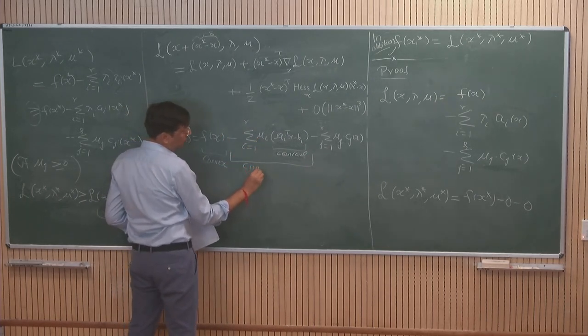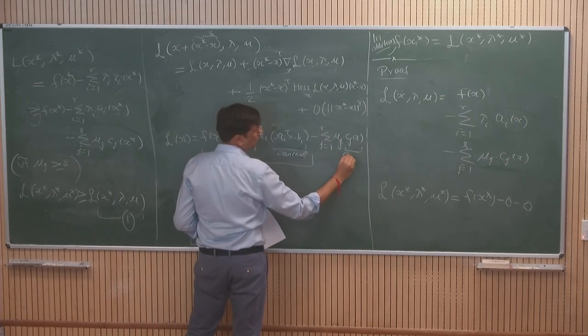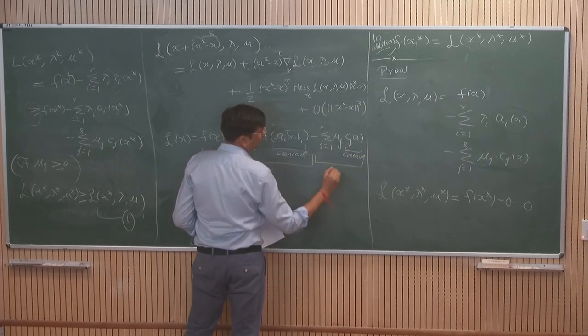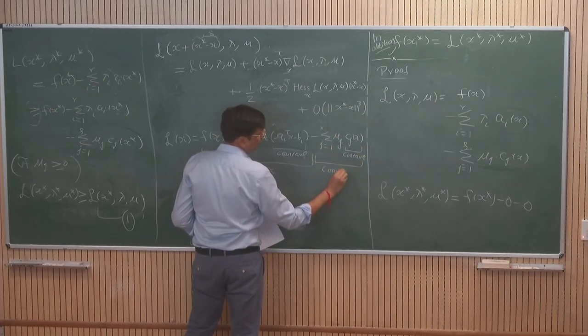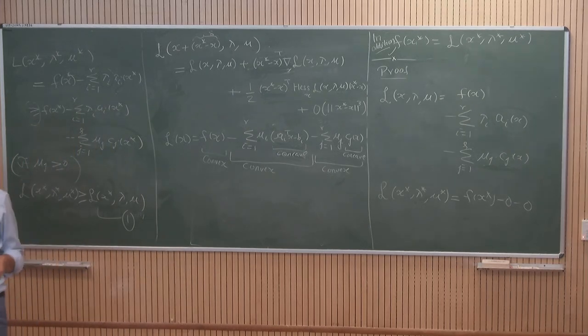They will become convex. What was c j? Concave. With the negative sign, it became convex. So the Lagrangian function is also convex because it's a linear combination of convex functions, correct?